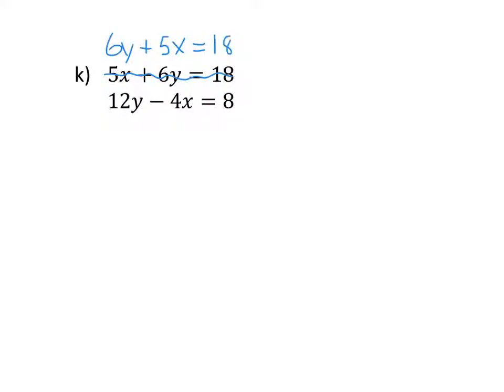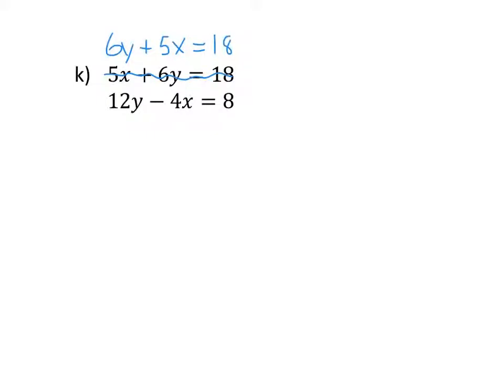Now, I like to always add with elimination, so I'm going to multiply this first equation not just by 2, but by -2, to make this the opposite of 12.